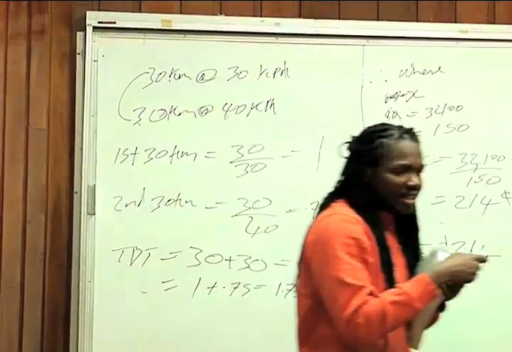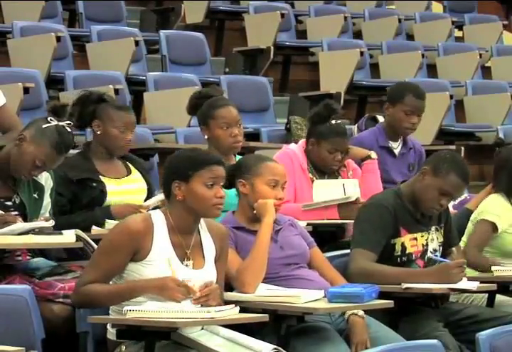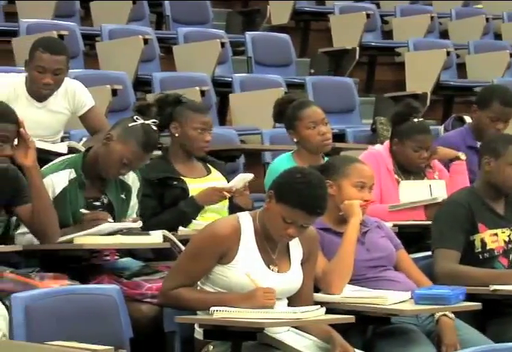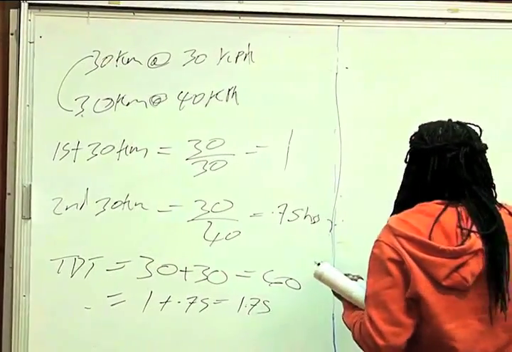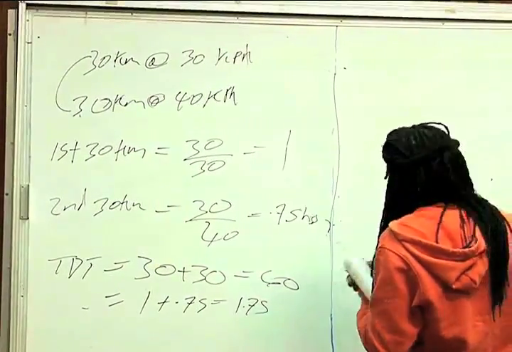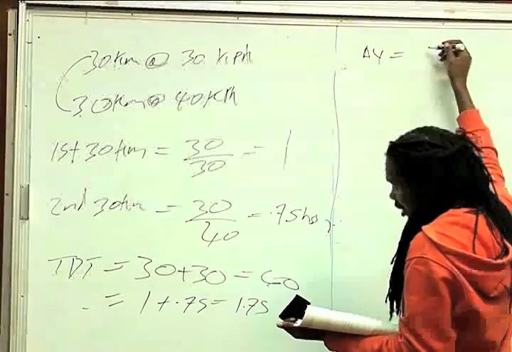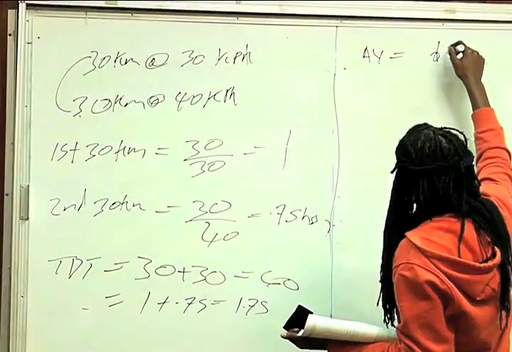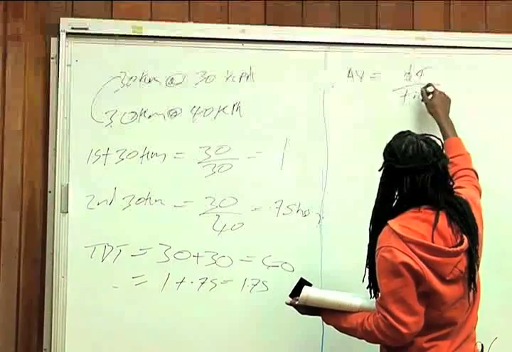Therefore, what is the average speed? The average speed is equal to distance traveled over time taken.